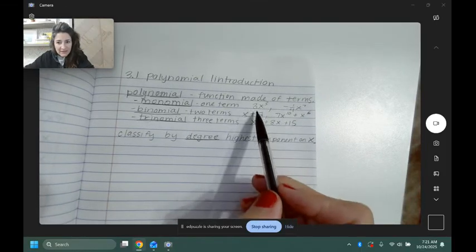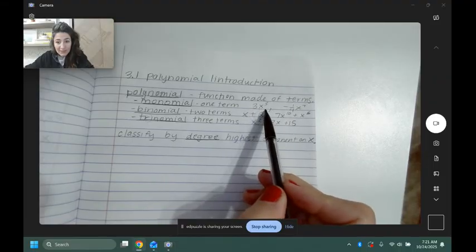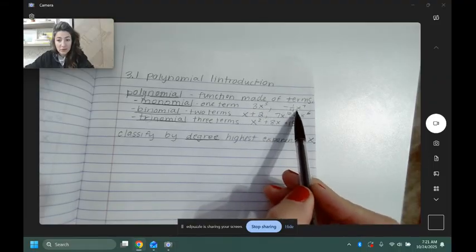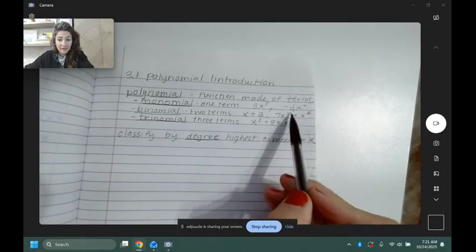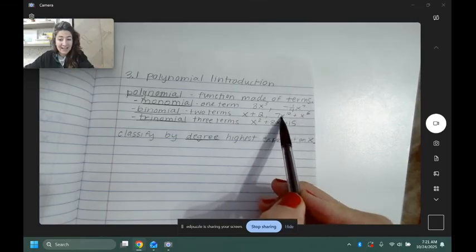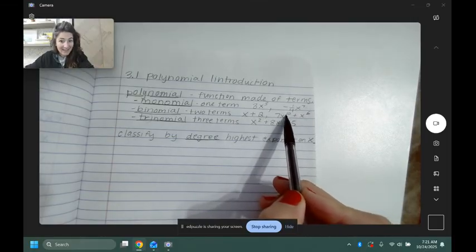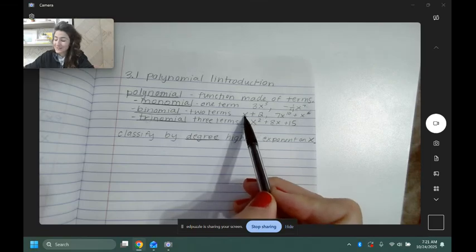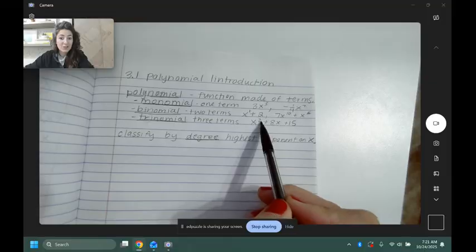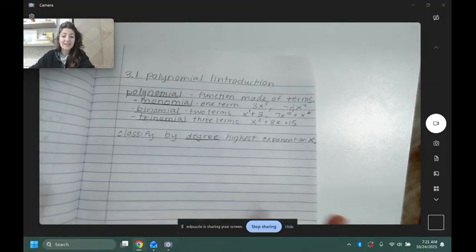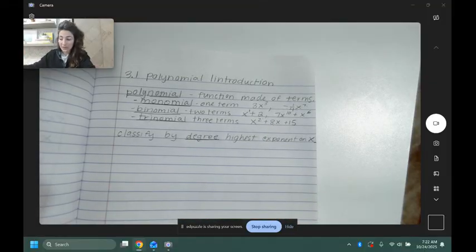So in this case up here, the degree of this was 3. The degree of this is 7. The degree of this, the highest exponent, is 10. The degree of this one is 1. The degree is 2. So the degree is based on your highest exponent.